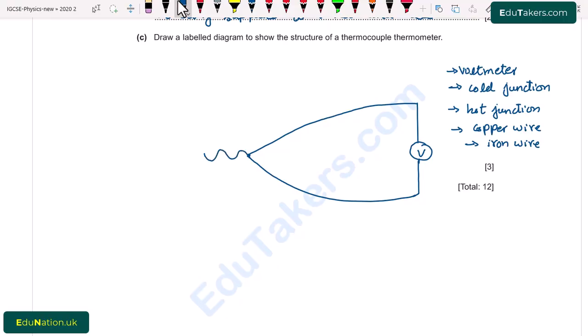You have to make it very carefully. This is the hot junction. It's the voltmeter.